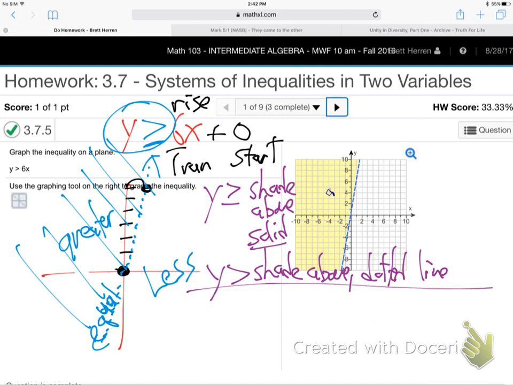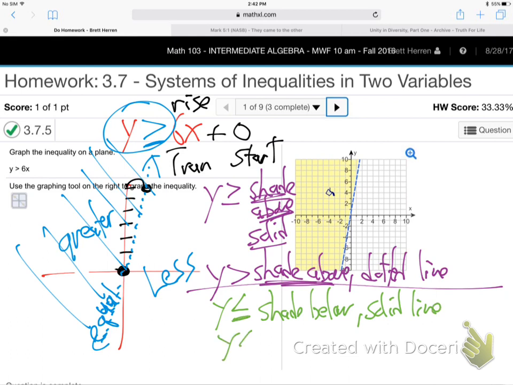Everybody seeing that? So greater is shade above, and then if they change the game and go less than or equal to, I would shade below the line because it's less, and solid line because they have the equals. And if they just say less, I'll shade below, dotted line, because they don't want the equals.